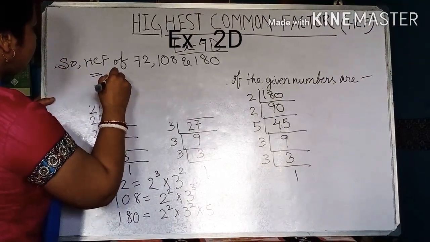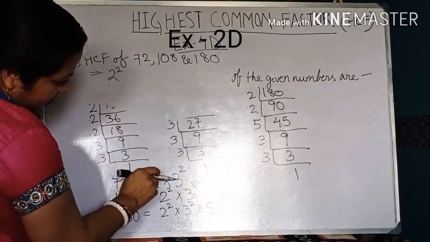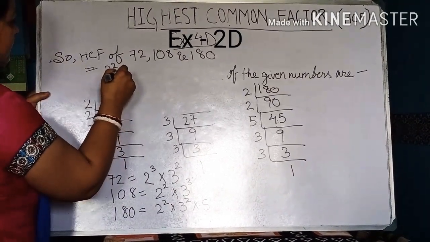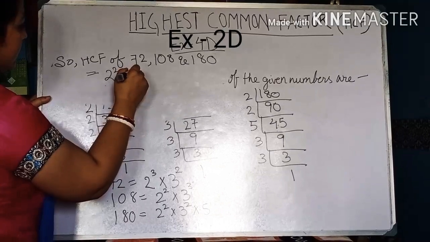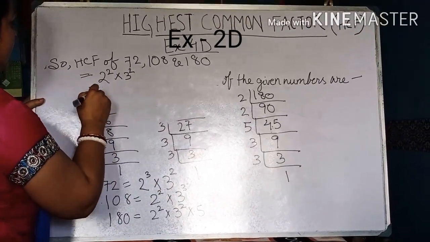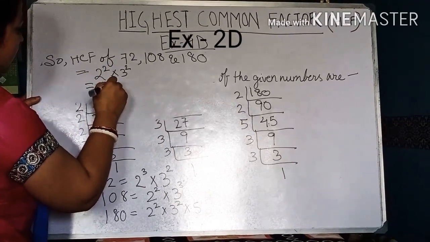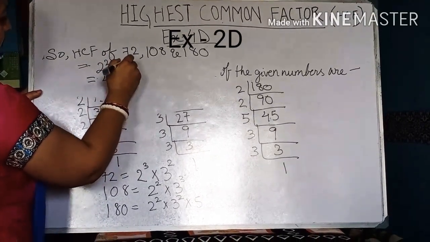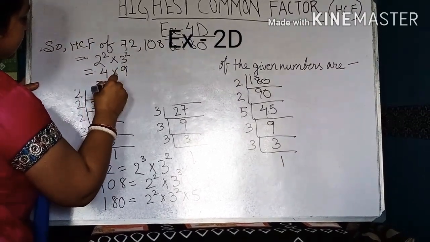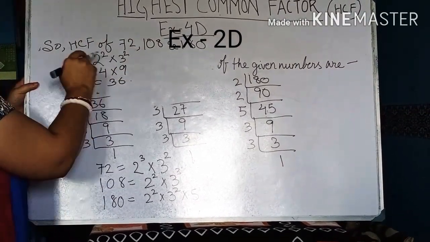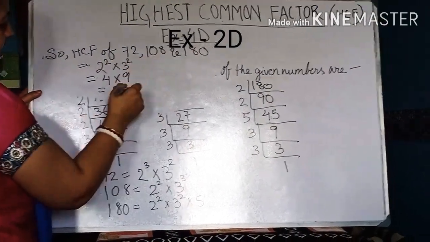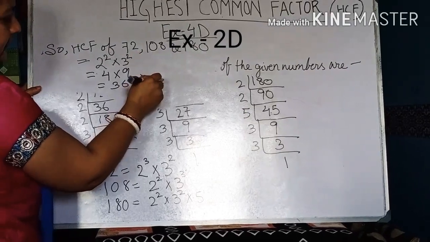So we will be writing here 2 to the power 2. In 3, 3 to the power 2, 3 to the power 3, 3 to the power 2, which is the smallest one? 3 to the power 2. And this 5 is totally uncommon. So 2 to the power 2 is 4 and 3 to the power 2 is 9. And we know 4 nines are 36. So what is our HCF? HCF of 72, 108 and 180 is 36. Clear?